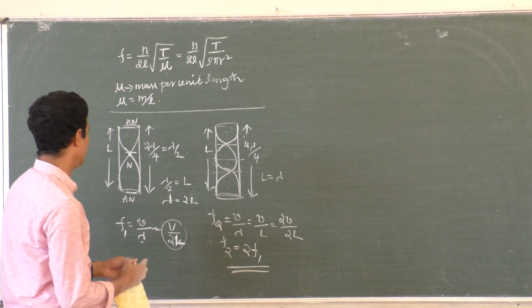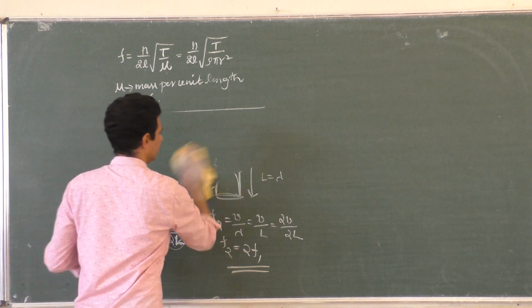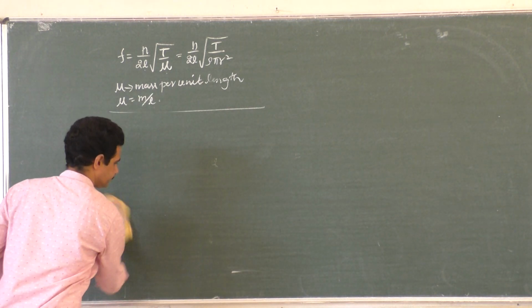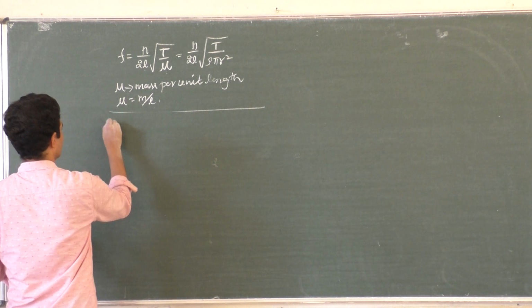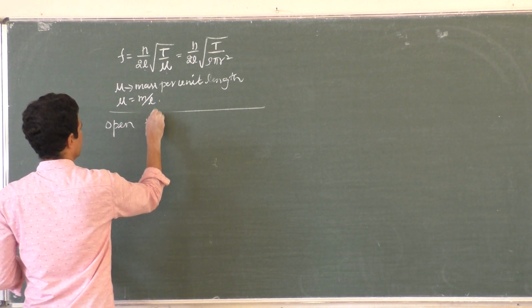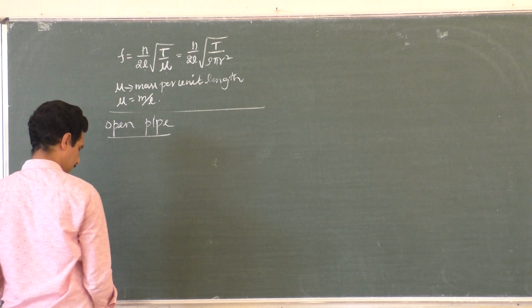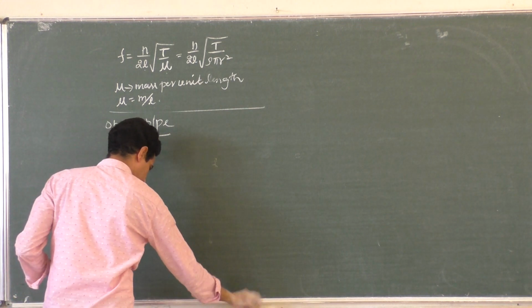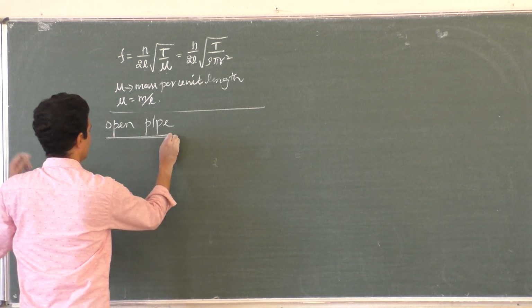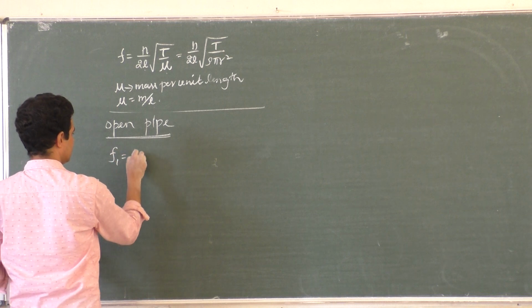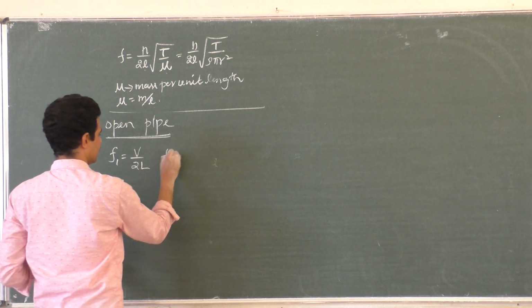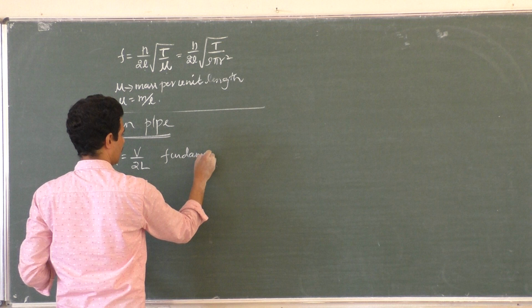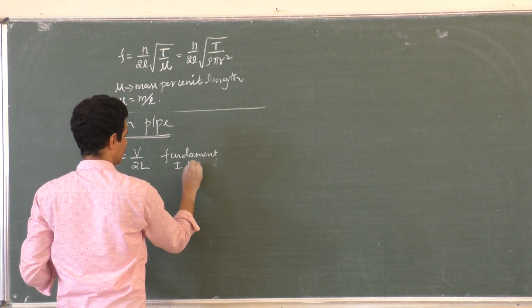So for an open pipe, you can write it like this. I'll write it here, open pipe. I'll rub it later when I start the problems. You must remember this one. For an open pipe, fundamental frequency is V by 2L. This is fundamental or first harmonic, right?